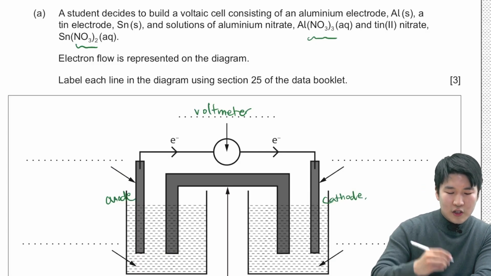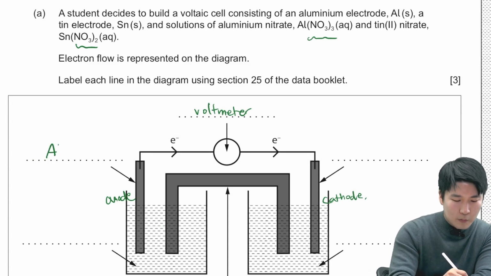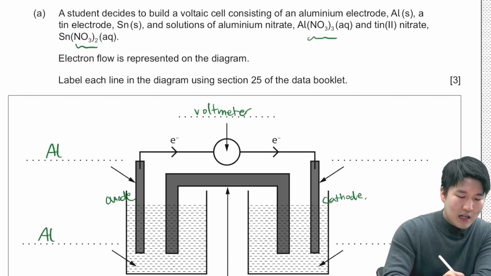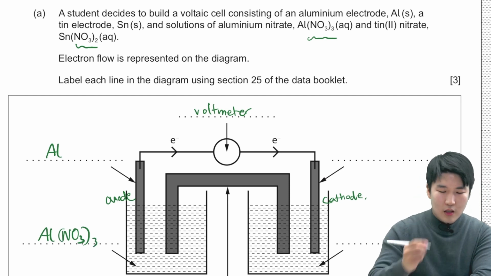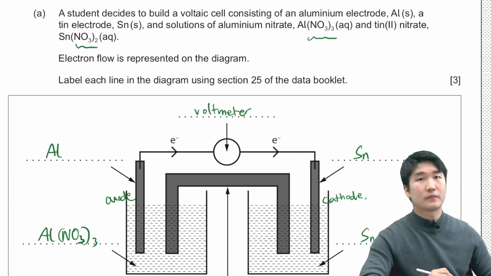So oxidation that takes place at the anode will have the aluminium metal electrode, with the electrolyte being aluminium nitrate. The cathode will have the tin metal electrode, with the electrolyte being tin nitrate.